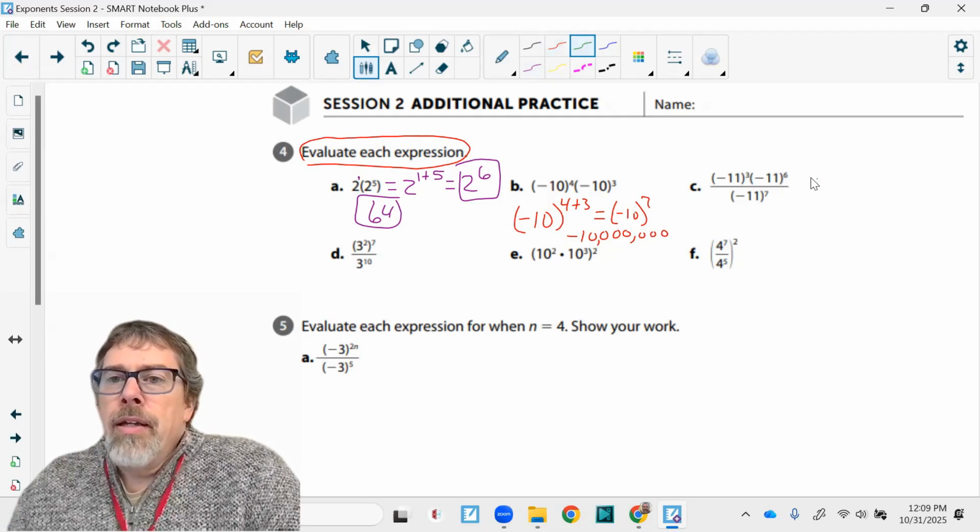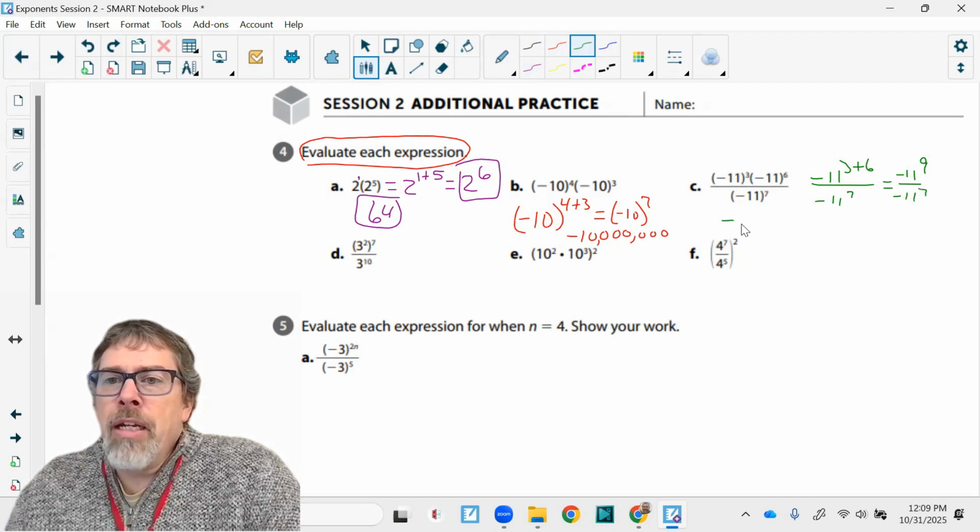C, negative 11 to the 3 plus 6 over negative 11 to the 7. Negative 11 to the 9 over negative 11 to the 7. Okay, and these all should probably be in parentheses, shouldn't they? Because if I don't put parentheses, that's not the same number, because we'd have a negative 1 after.